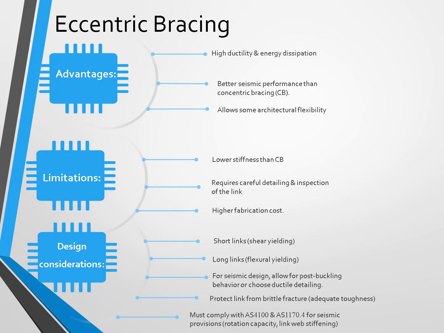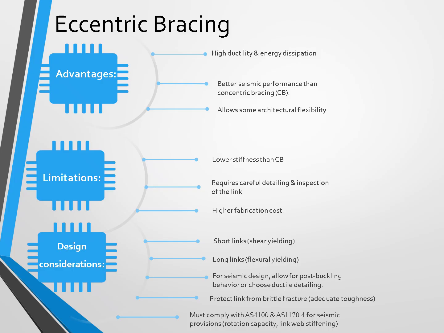Also, we need to protect the link from brittle fracture by adequate toughness, as we already mentioned about the detailing and connection. And also, it must comply with AS4100, which is the standard for steel structure, and AS1170.4 for seismic provisions.